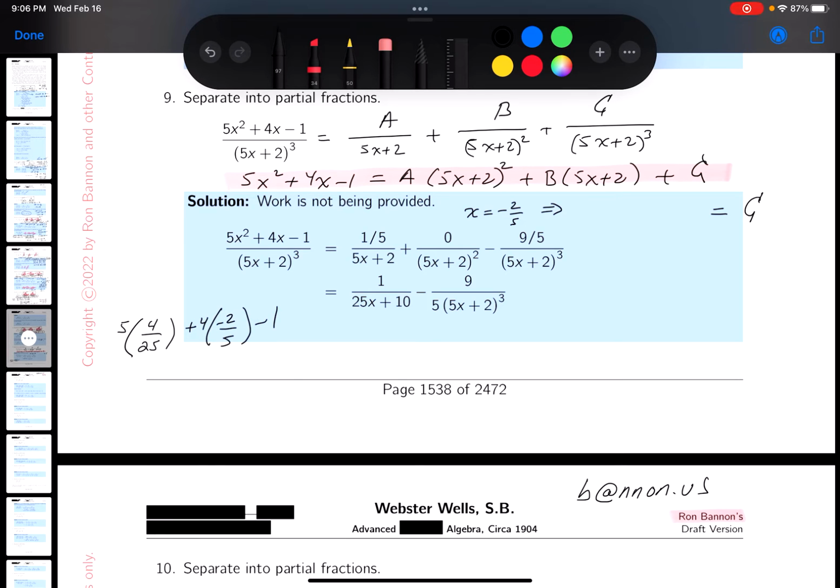So what do you get there? 4/5 minus 8/5 minus 5/5. I've got to be careful. What do you get over here? You're certainly getting fifths. 4 minus 8 is minus 4. Minus 4 minus 5 is minus 9.